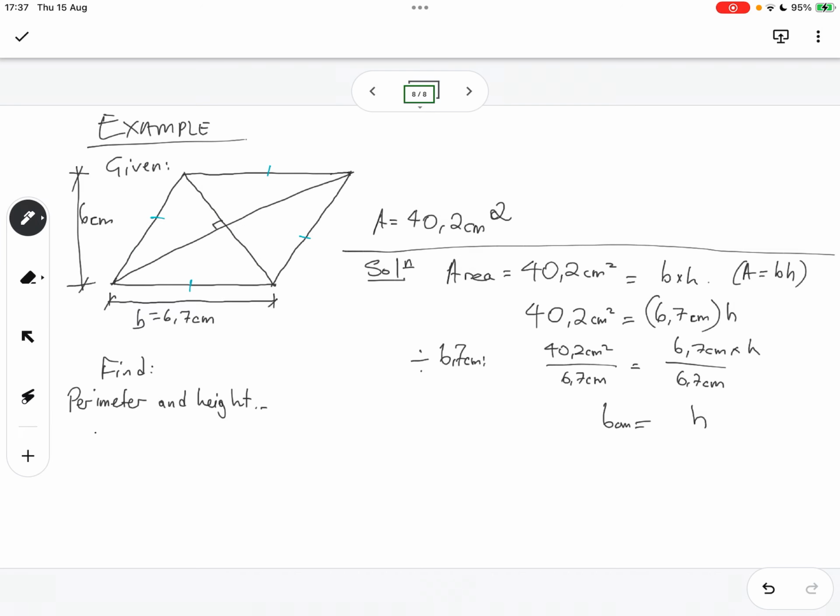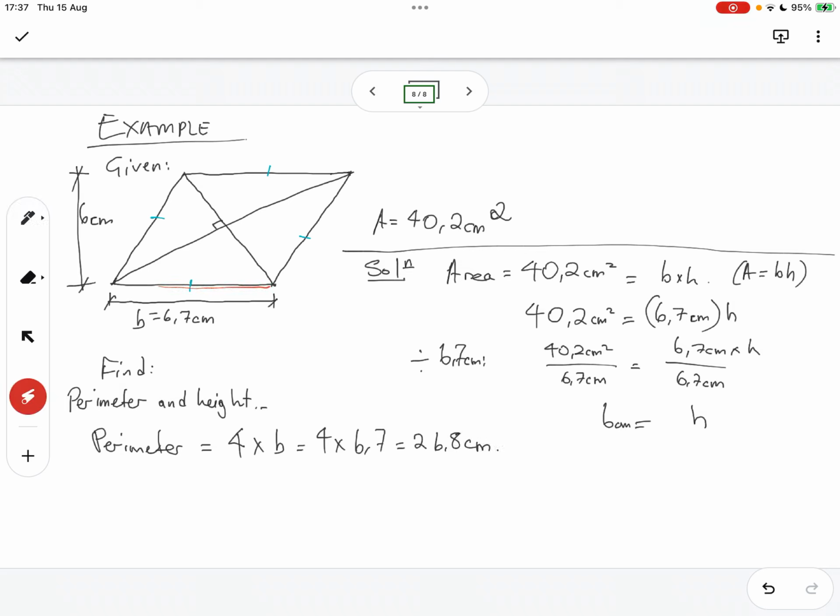Essentially, the perimeter would equal 4 times the base length, which is 4 times 6.7, and that equals 26.8 centimeters.